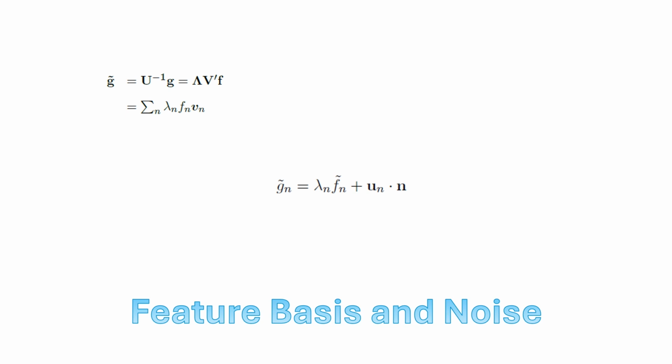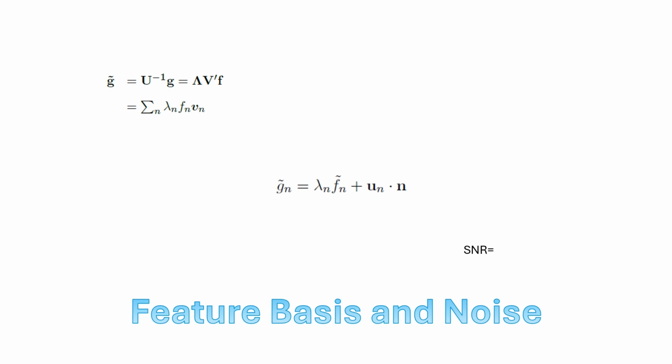Each term had this form that if we project, then each coefficient or projection onto the basis functions of the forward model is the singular value times the corresponding coefficient in object space plus the dot product between that singular vector and the noise.